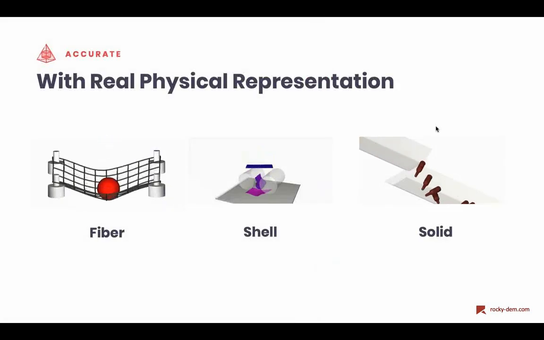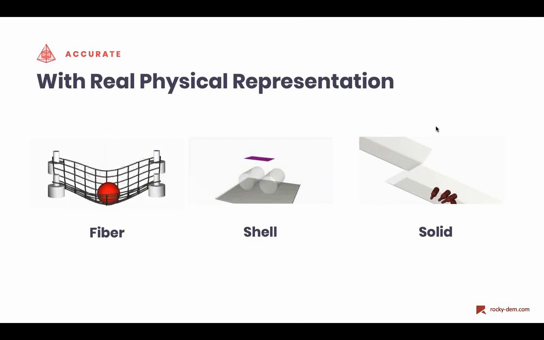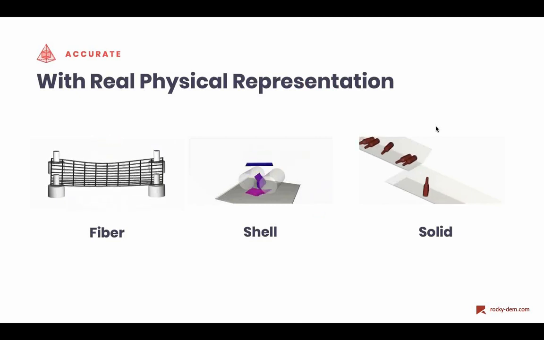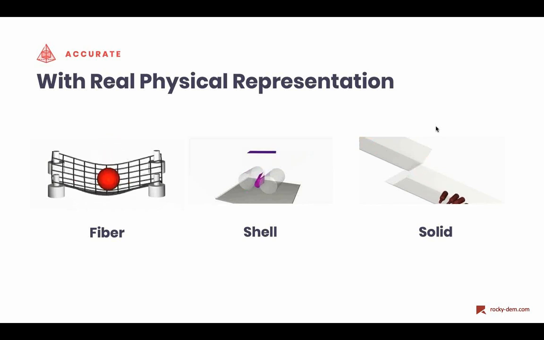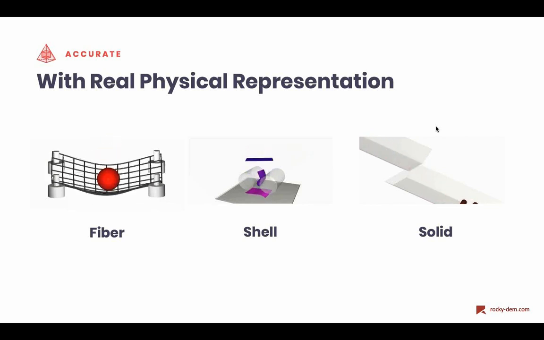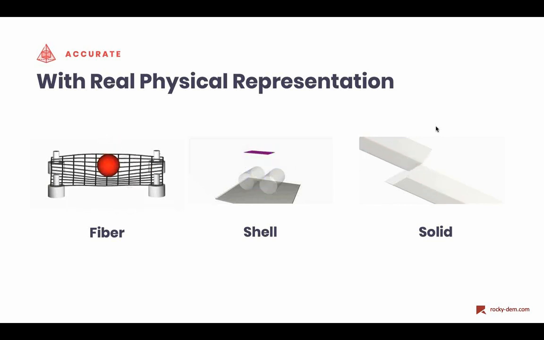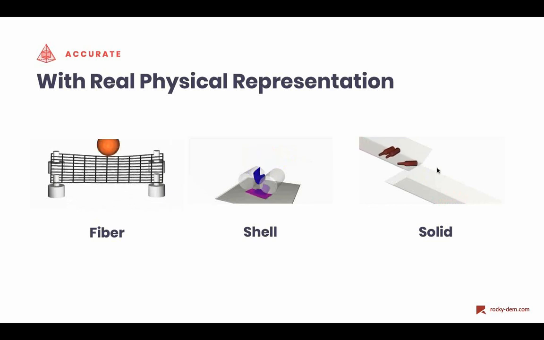When I say that Rocky has particle shape capability, I want to go a little deeper and tell you that our particle shapes comprise a family of three elements. We have the 3D solid particle, like you can see here on the right, where we simulate the bottles.